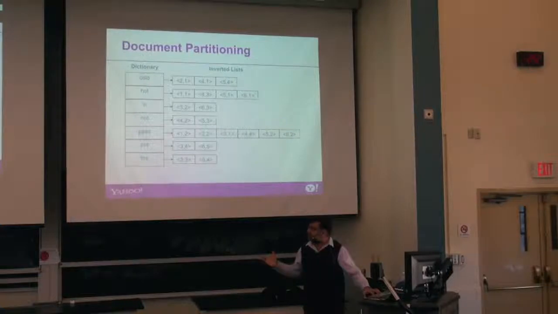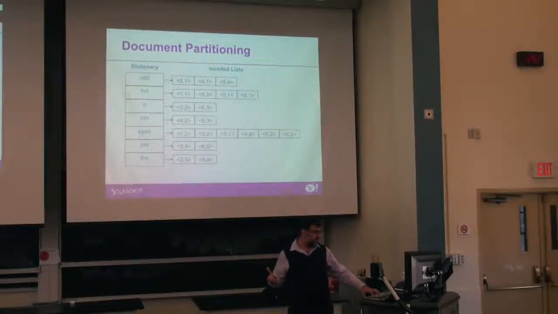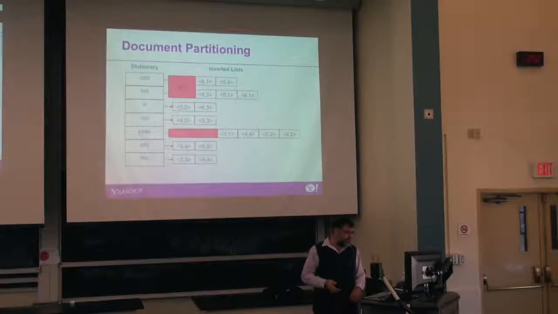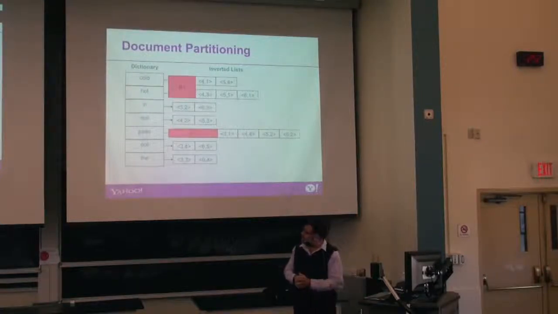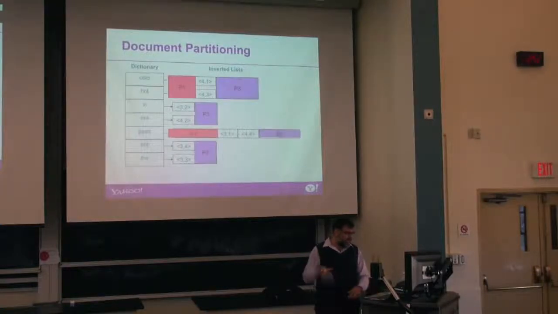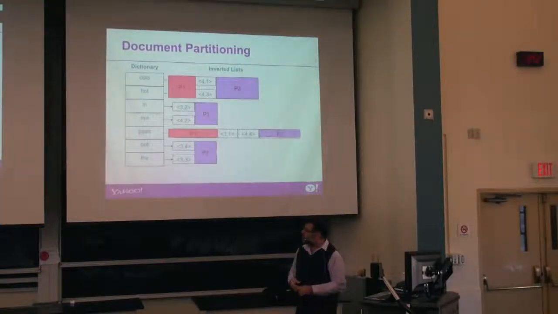So I will not talk too much about document partitioning. I assume most of you took Jamie's course in IR. Basically, document partitioning means slicing the index vertically. For example, one processor takes care of the index of documents 1 and 2, another 2 and 3, and the other one 4 and 6.